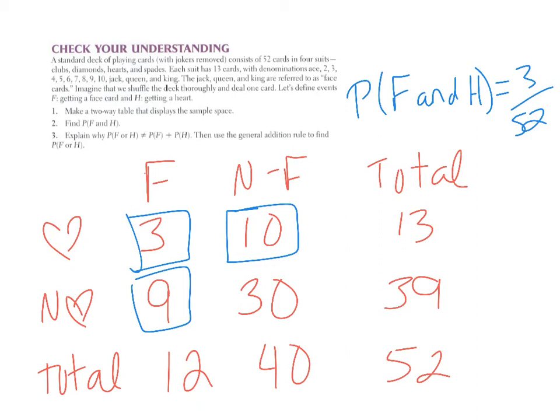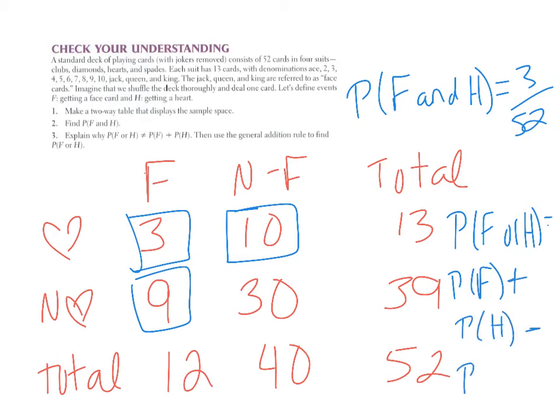Let me see if I can find some space here. The probability of F or H would equal the probability of F plus the probability of H minus the probability of F and H. My probability of F, that they're a face card, would be 12 out of 52.